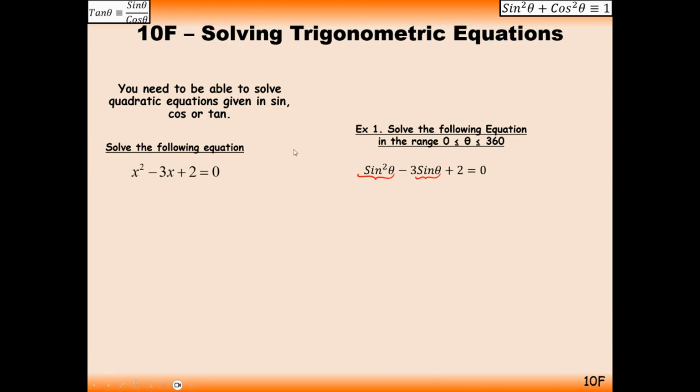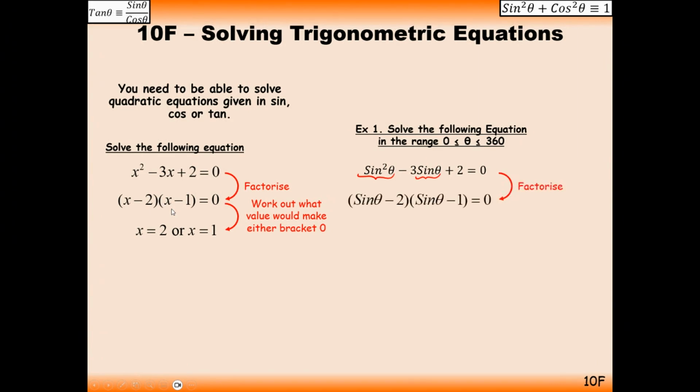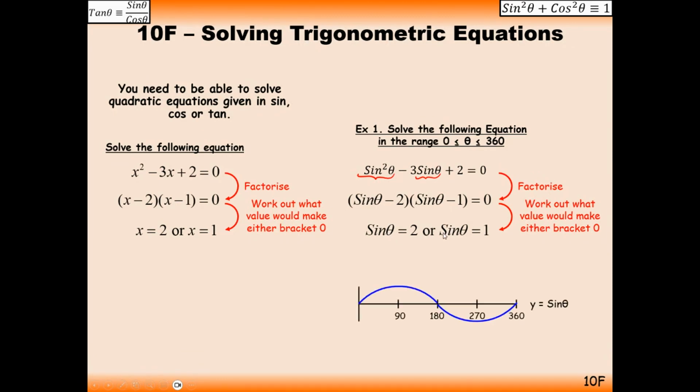Alright, so factorize that and set those factors equal to 0, you end up with x equals 2 and x equals 1. Therefore, if you solve an auxiliary equation and show that you've solved this equation in an exam, then you may even be able to skip the line in the middle and go straight to this last line here in sine: sine theta is 2 or sine theta is 1.